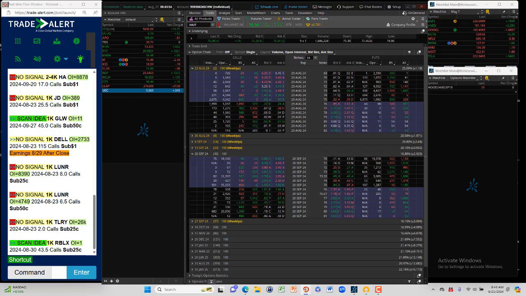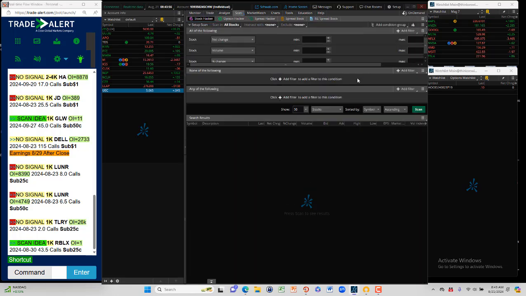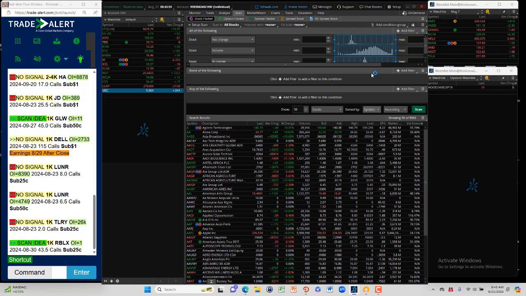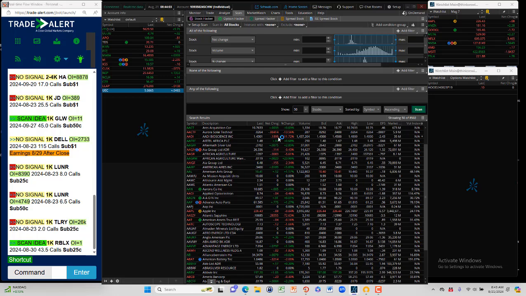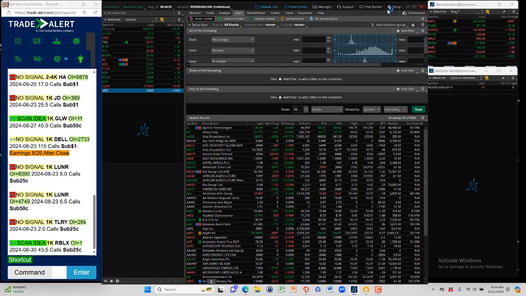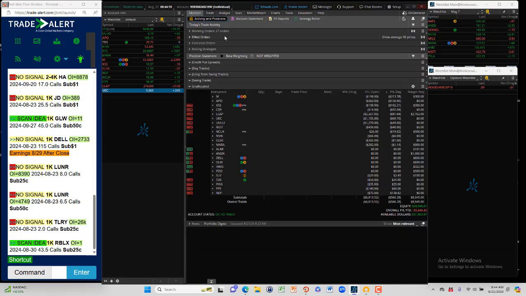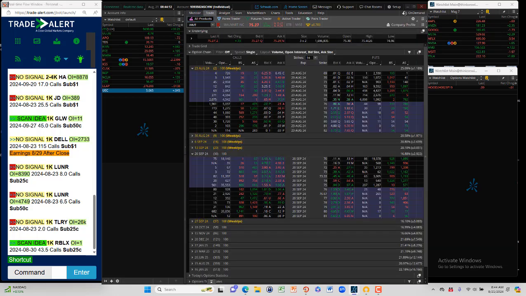Roblox next week 43.5. Ooh, I think I have to reinstall the RSI in here for the scan functionality. I don't think it's working.